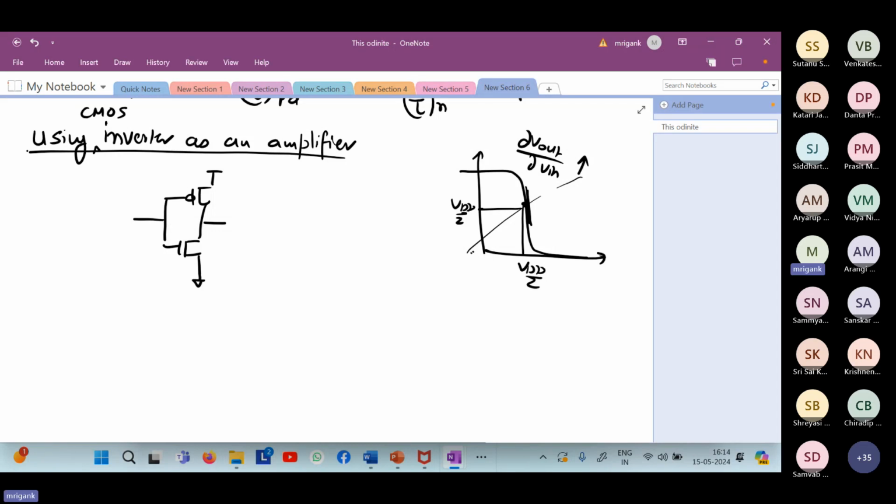Yes. What else can be done? Connect a resistance between V in and V out. Okay. So what will this resistance do? Feedback. Feedback is fine, but what is this resistance going to do? Why is it working like an amplifier? How is it going to help it in working like an amplifier?